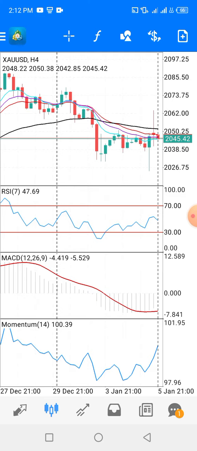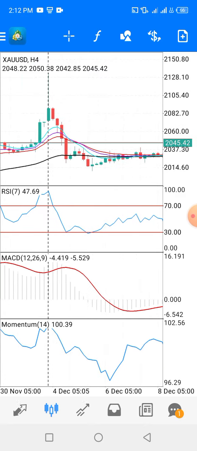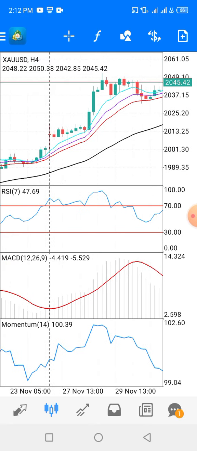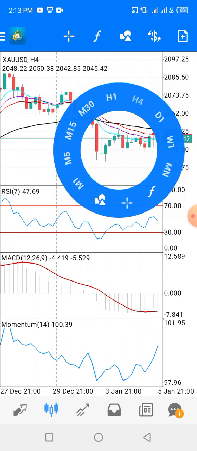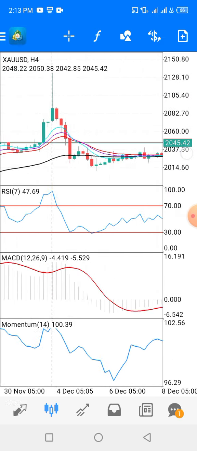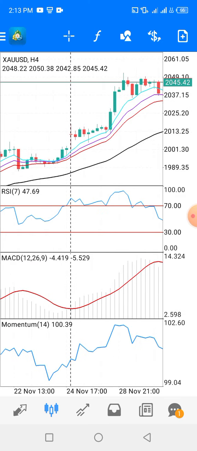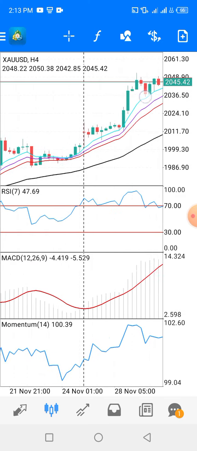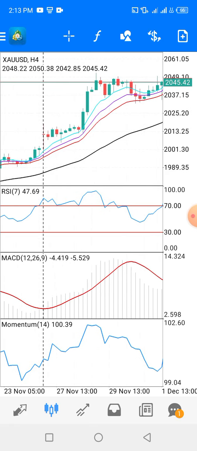And then we also need the EMA 13, which is the pink line over here. And then we also need the EMA 7, which is the green line over here.